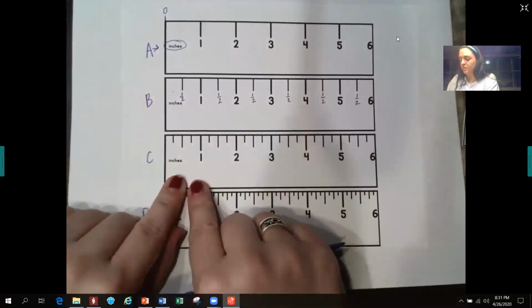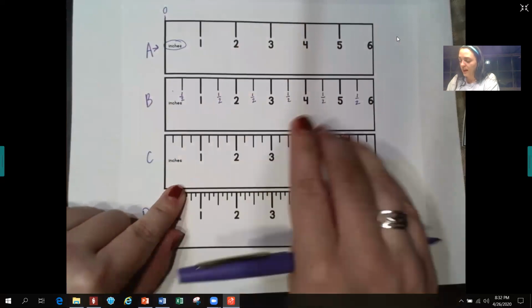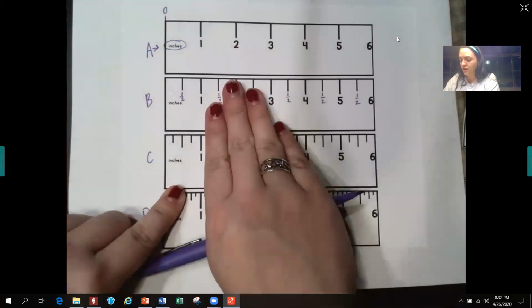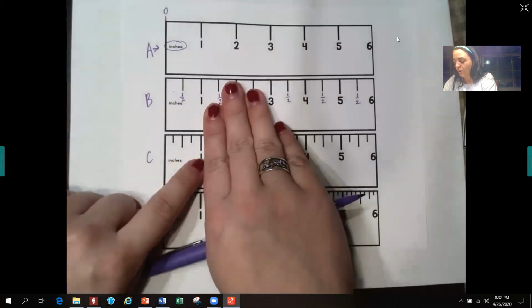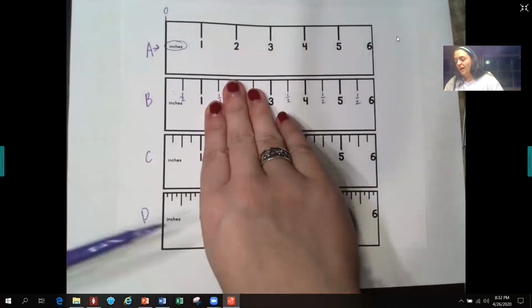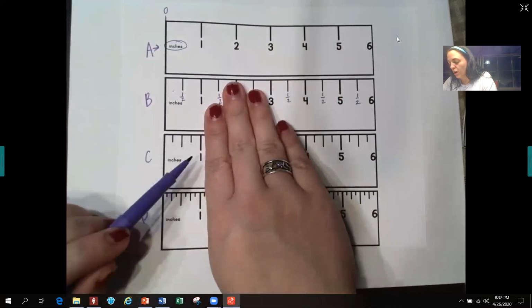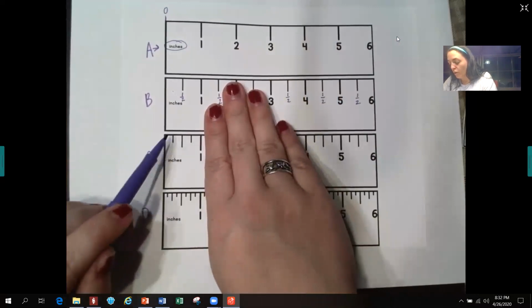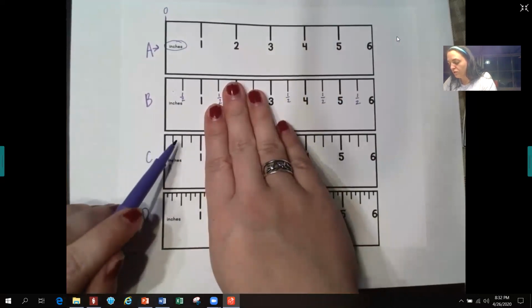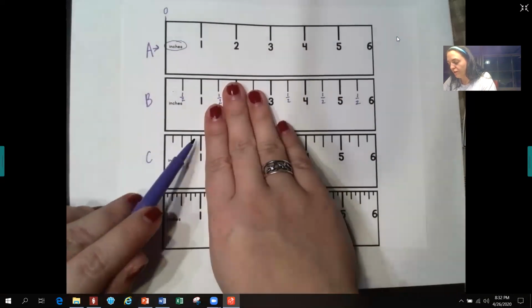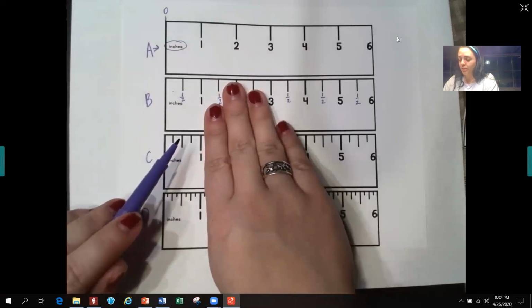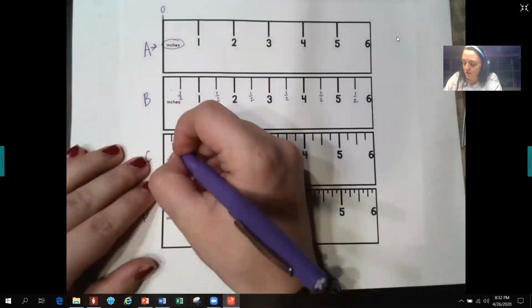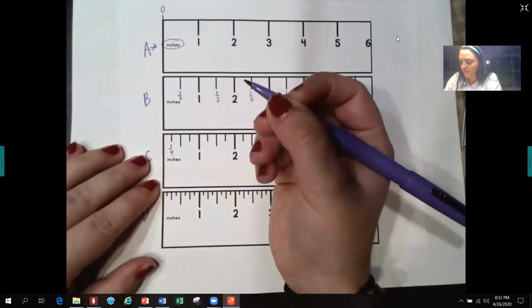Let's look at this one, ruler C. I'm going to zoom my attention to look at how my first whole is partitioned. Well, I'm seeing that from 0 to 1, I have 4 equal pieces. 1, 2, 3, 4. And I know that when a whole is cut evenly into 4 equal pieces, each piece is 1/4.